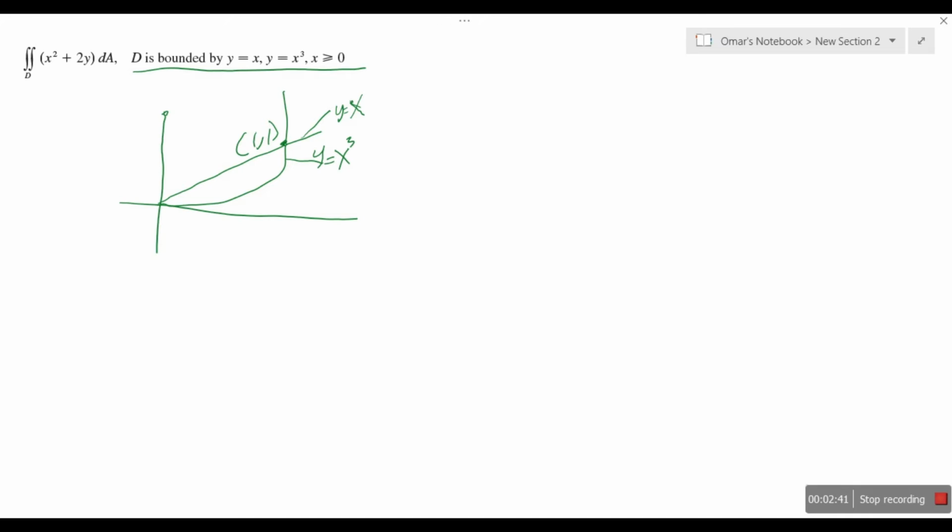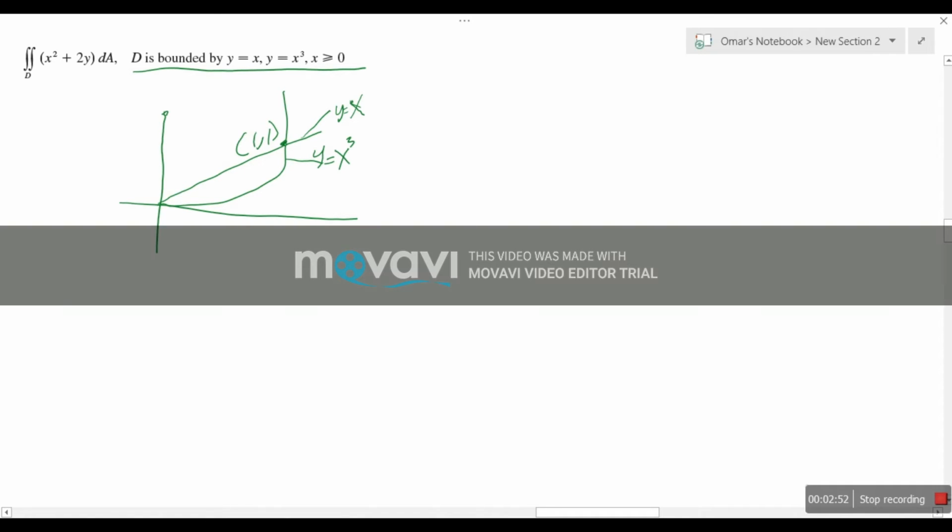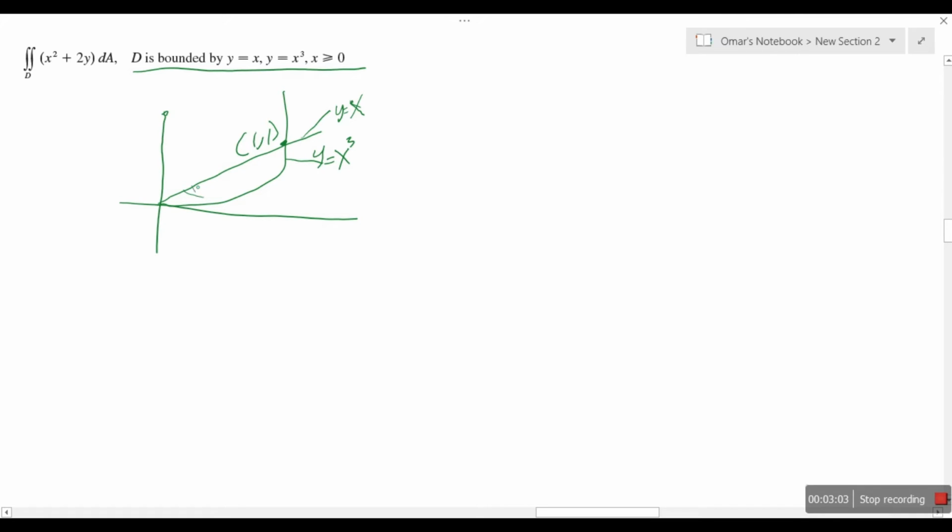So we're going to do something similar to what we did in Calculus 2, which is the area between curves. Now we're going to integrate over the area that is bounded between this area over here.